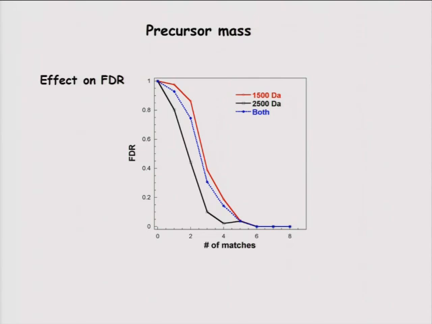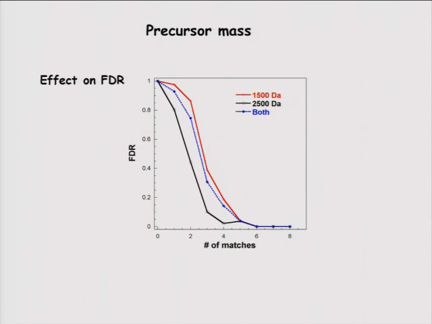And if we look at the red and the black curves here, we see that is what the FDR would be as a function of the number of matches if we were treating 1,500 separately and 2,500 separately. However, if you're not aware of this effect, you may lump all your data together, and that is what is assigned both here.